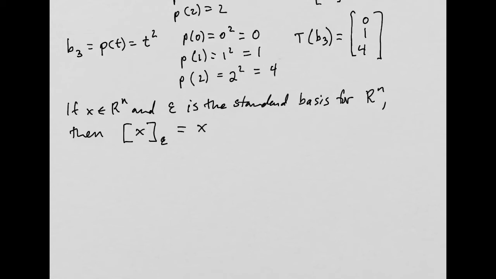So that's very handy. And you can look at the derivation or the proof of that in the notes. It's really straightforward. So that just means, for example, the coordinate vector of T of B1 relative to E is just T of B1. And same for the other two.